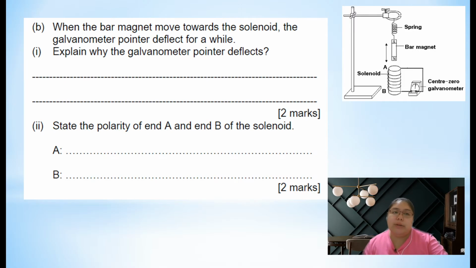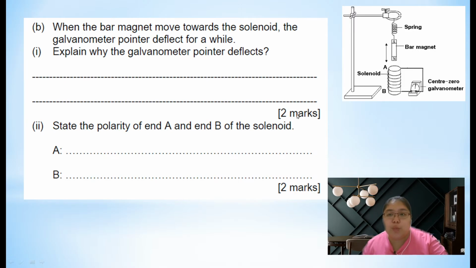Okay, let's see number 2. We see here that when the bar magnet moves toward the solenoid, the galvanometer pointer will deflect for a while. Deflected means what? Deflected means there is induced current. They say explain why the galvanometer pointer will deflect. We explain that there is current, but the problem here is that it is 2 marks. That means you say there is induced current, then you need to explain why.